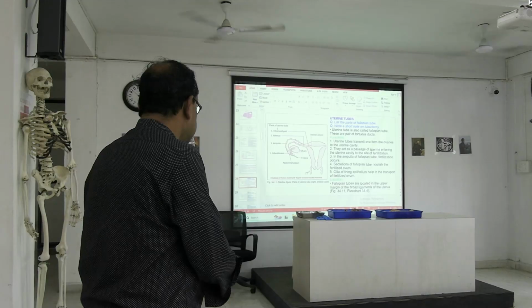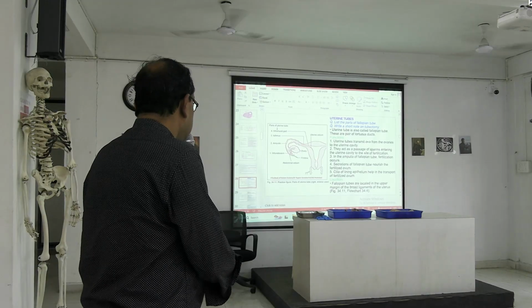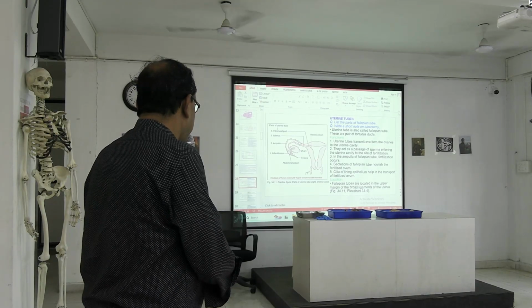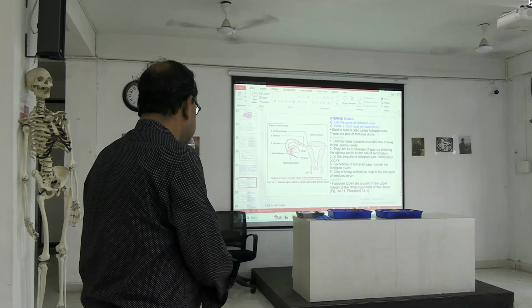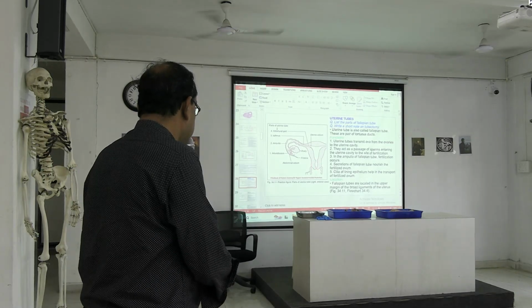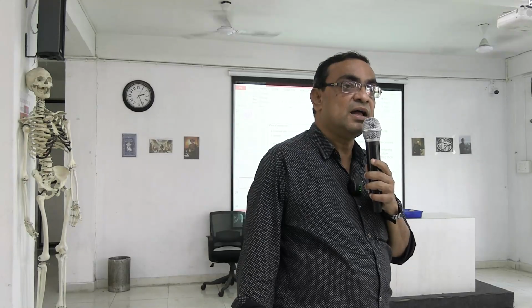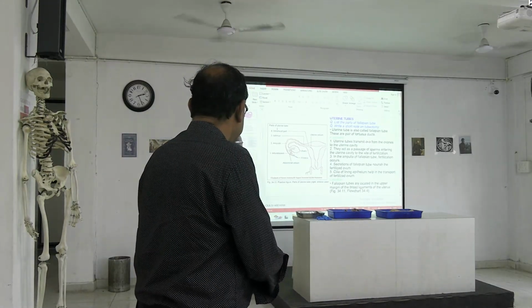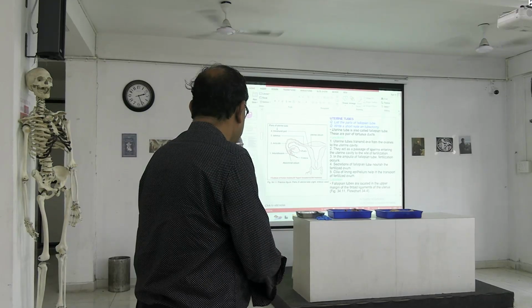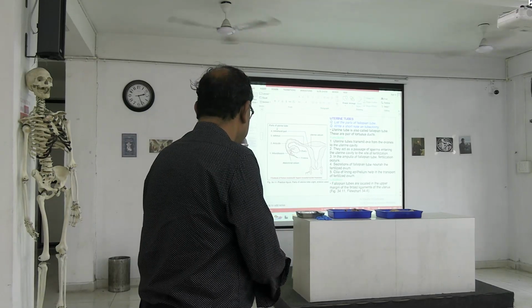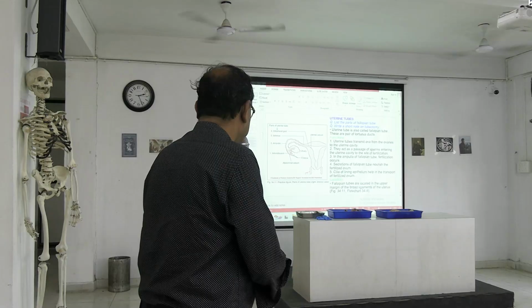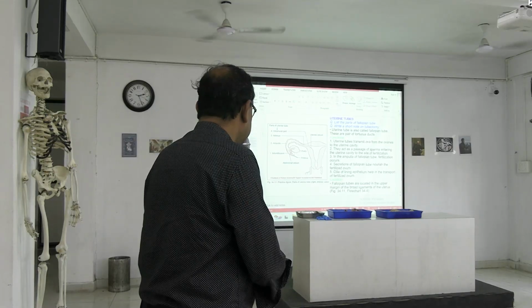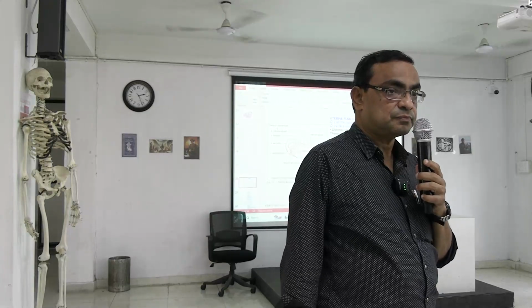And the cervix extends from this ostium to this ostium. The opening of the cervix towards the body is called the internal os, whereas the opening within the vaginal canal is called the external os.